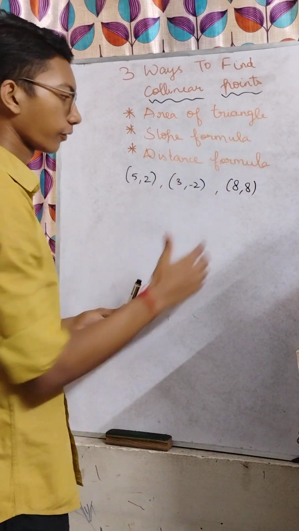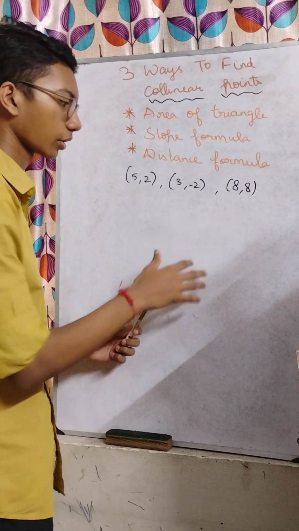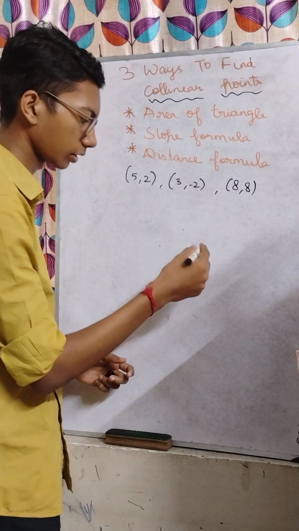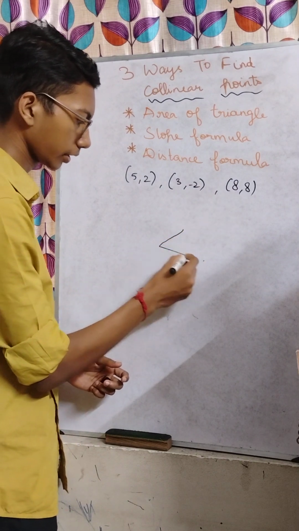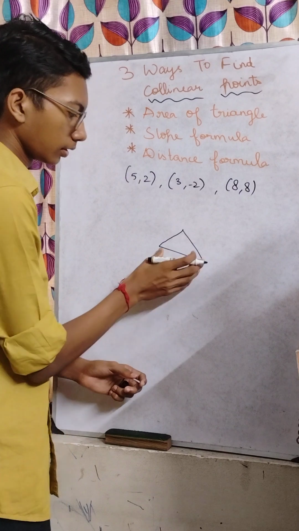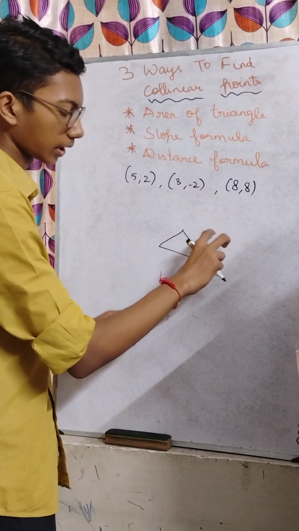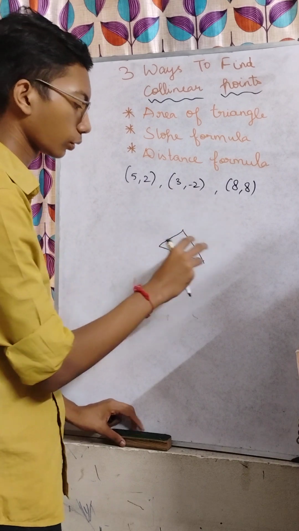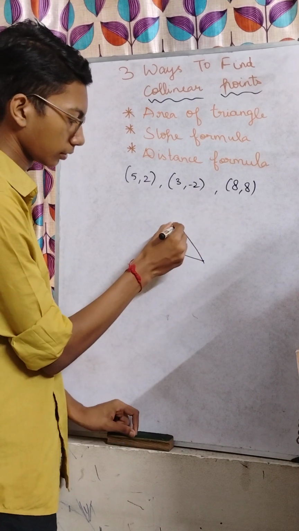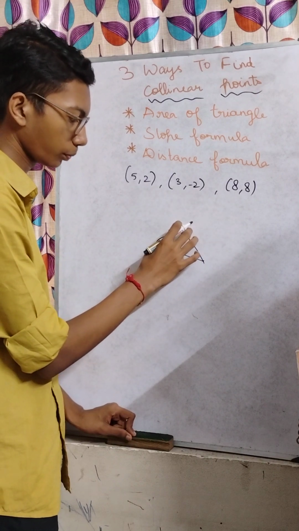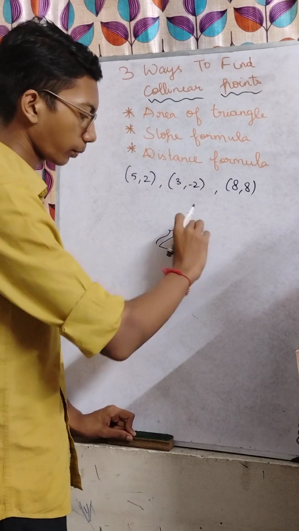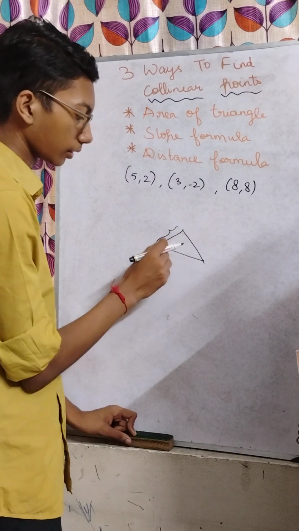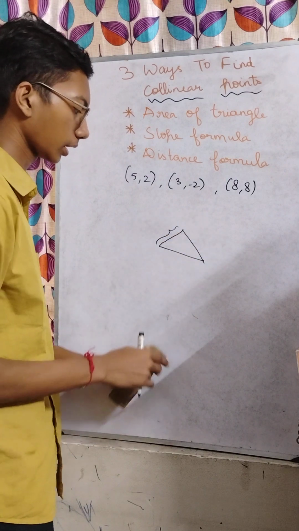So from area of a triangle, how can we find if 3 points are on a straight line? Here we have 3 points. If we just join them, then we get a triangle. But how can we use this to find if these points are collinear? The thing is, on a triangle, these 2 points are on a straight line, these 2 points are on a straight line, and these 2 points are on a straight line, but all these 3 points are not on a straight line.